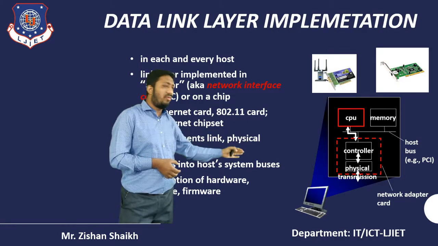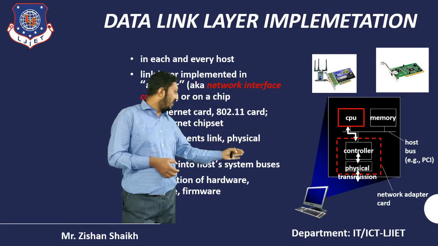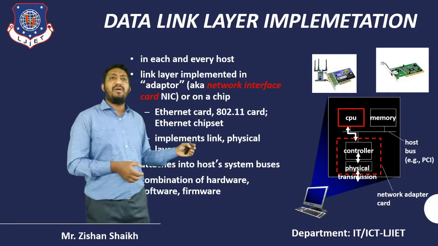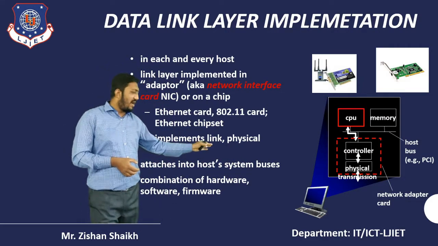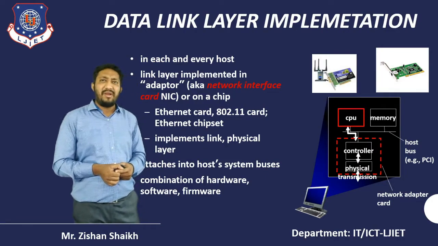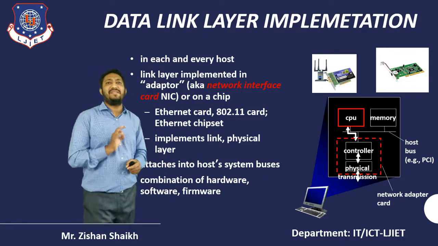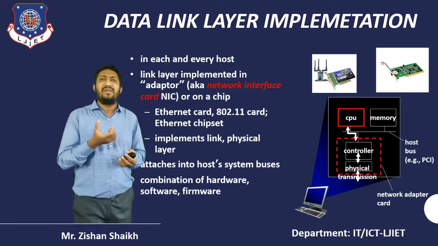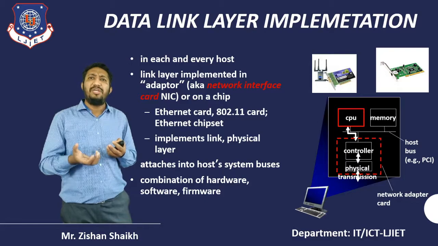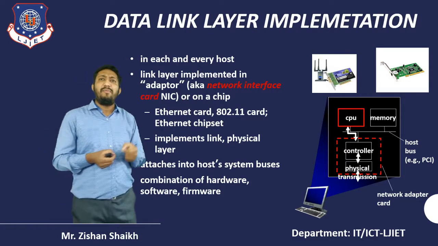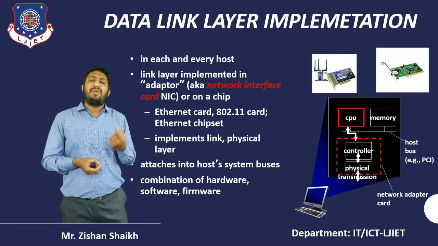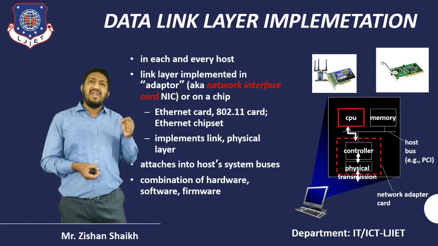The controlling part is connected with our physical communication. Here our network adapter card is available, known as a NIC, network adapter card. In real time we also know it as the chip. From that, our data will be transferred from source to destination chipset. So that is the implementation of our data link layer.